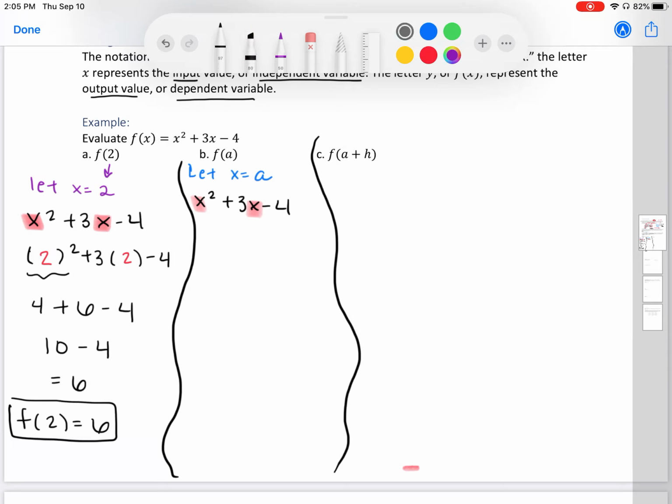So we have a squared plus 3 times a minus 4. a times a is just a squared, plus 3 times a is just 3a, minus 4. There's nothing else I can do, I can't combine any like terms. So that is our answer. f of a is equal to a squared plus 3a minus 4.